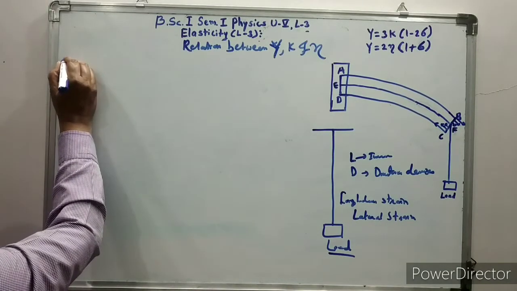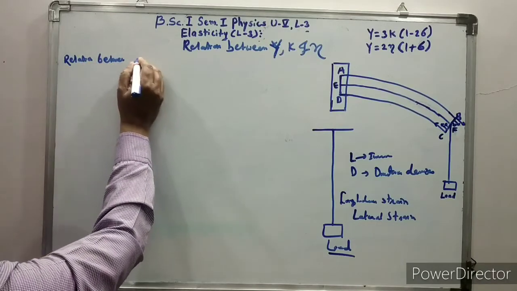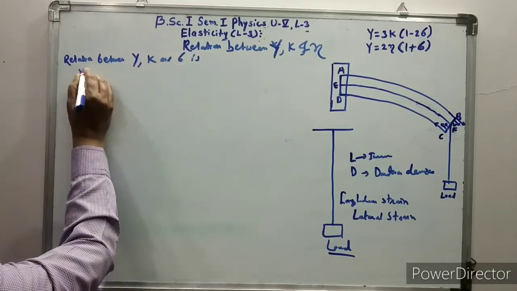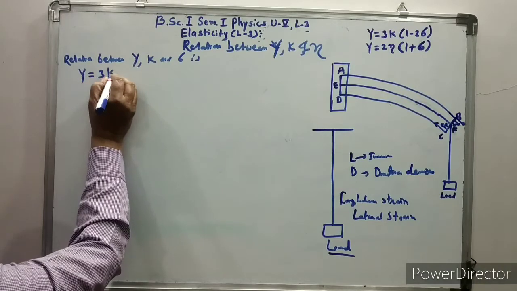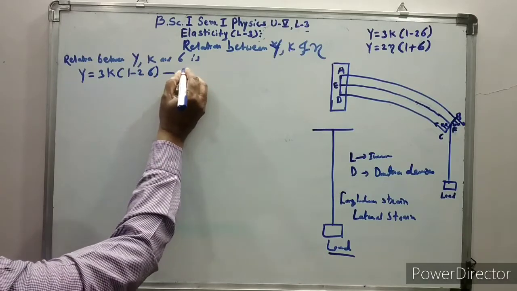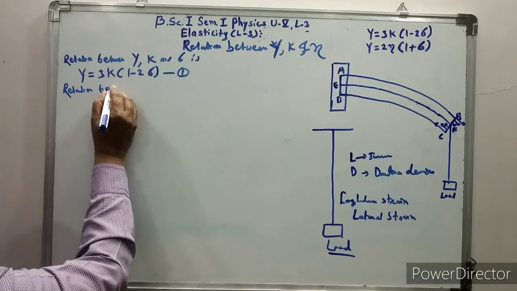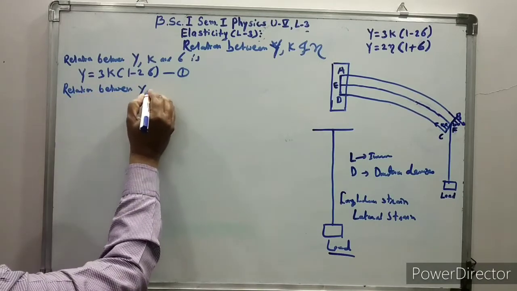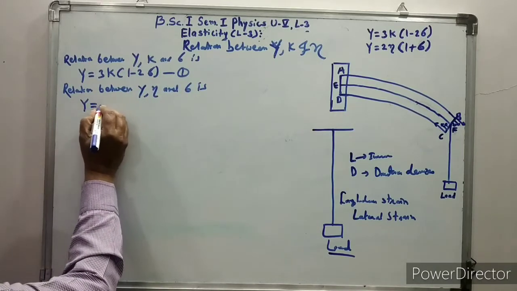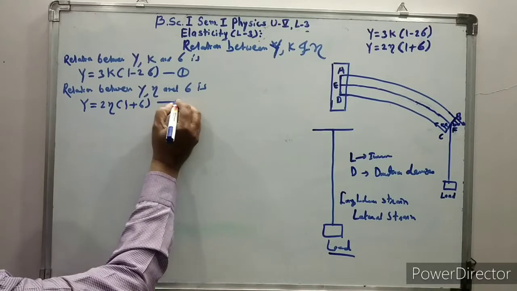The relation between Y, K and sigma is Y equals 3K into (1 minus 2 sigma), let it be equation number 1, and the relation between Y, eta and sigma is Y equals 2 eta into (1 plus sigma), let it be equation 2.